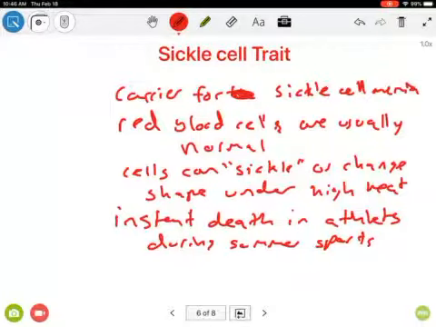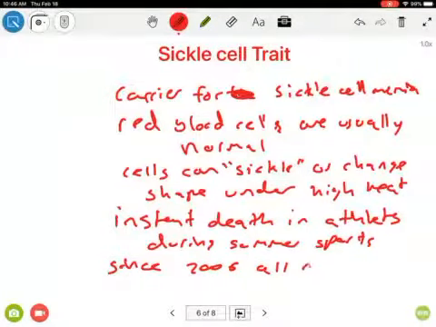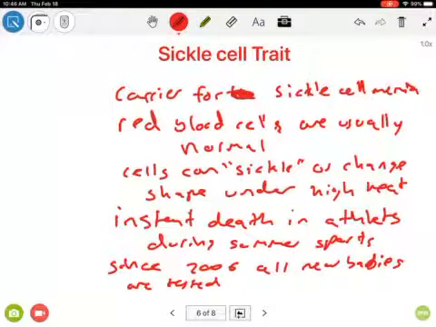The good news is, and this isn't good news for y'all, but it's good news for the future: since 2006, all new babies in the United States have been tested for sickle cell trait because it is potentially life-threatening.